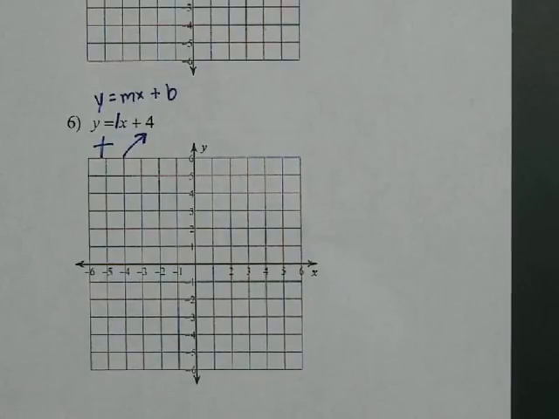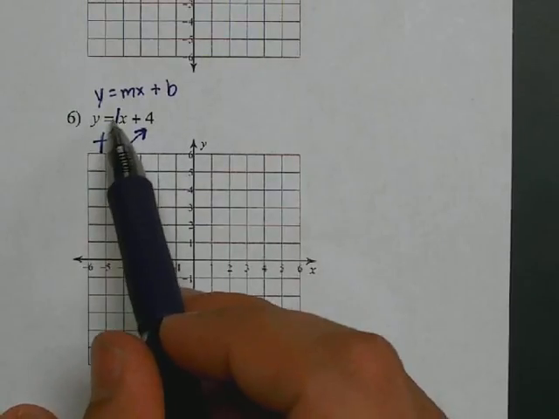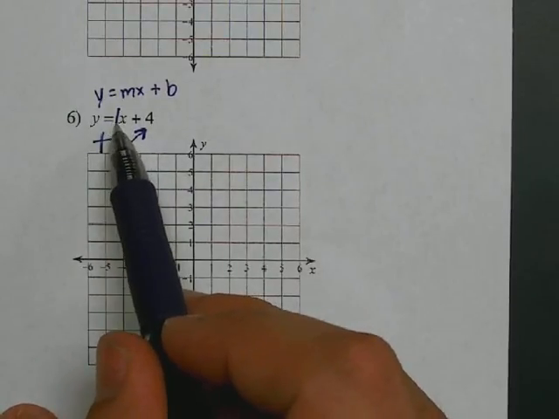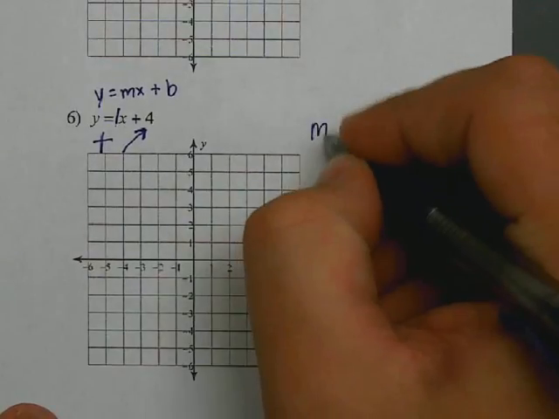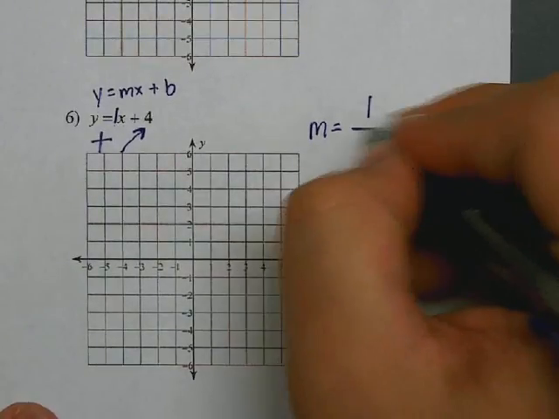Your third step is to determine the slope, m, and write it as a fraction. Since there is no coefficient in front of x, we know there is a 1 in front of x, because if it's x, it's 1x. So our m is 1. But we need to write it as a fraction, so we say 1 over 1.